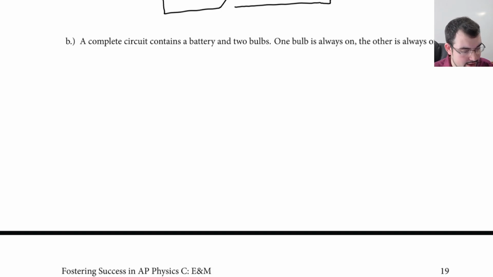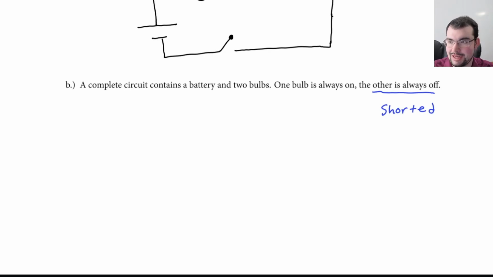All right, now we got a complete circuit, meaning there's no holes. It contains a battery and 2 bulbs. One bulb is always on, the other bulb is always off. So the fact that one bulb is always off, and we have a complete loop, tells us that there's some sort of shorting happening. So this bulb is shorted. So there must be some sort of a bypass happening.